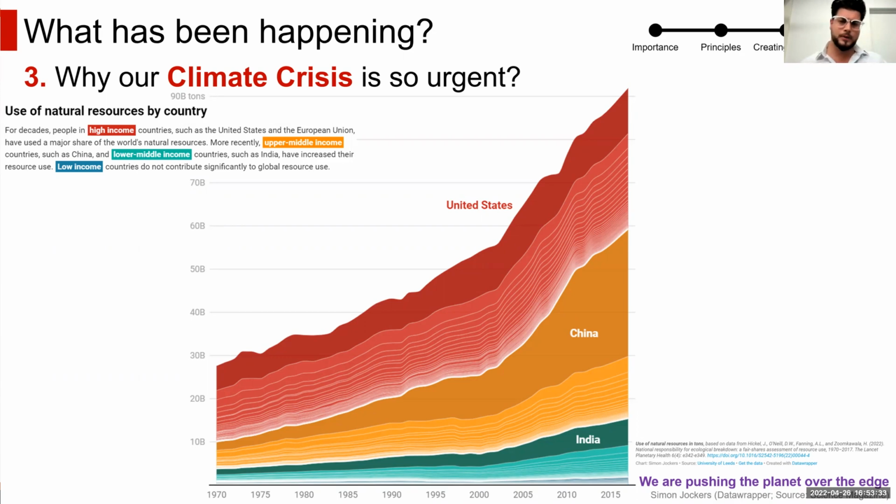A recent study by researchers at the University of Leeds highlights how strongly the consumption of natural resources is still growing. So this problem is not just fossil fuels, it is also the overuse of other materials such as minerals or biomass that negatively impact the environment through, for example, chemical pollution, biodiversity loss, and land use change.